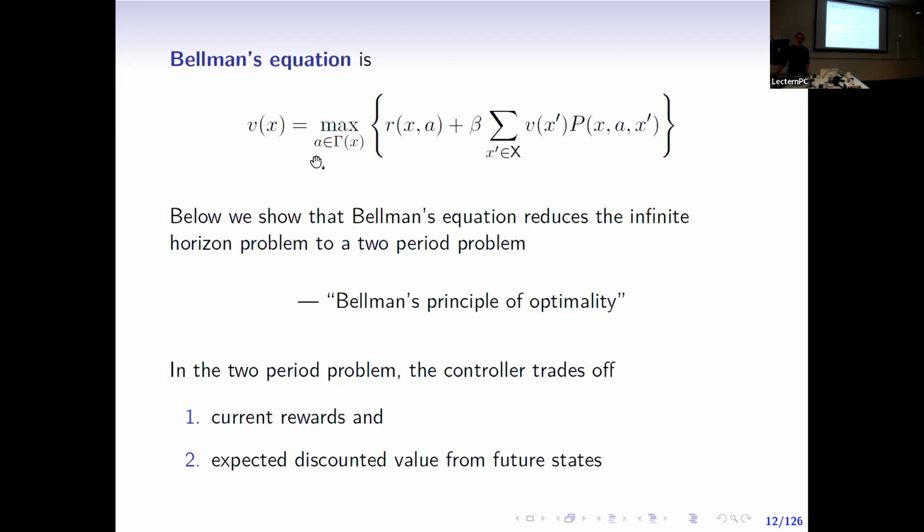And when we behave optimally, we're going to get maximal lifetime value starting from state x. So the brilliance of Bellman's principle of optimality is that it reduces an infinite horizon problem to a two-period problem, where V is your terminal reward. All of dynamic programming is reduced to finding the right terminal function for the two-period problem.